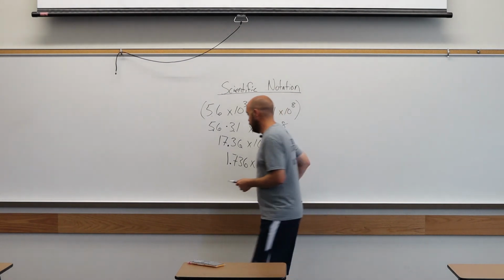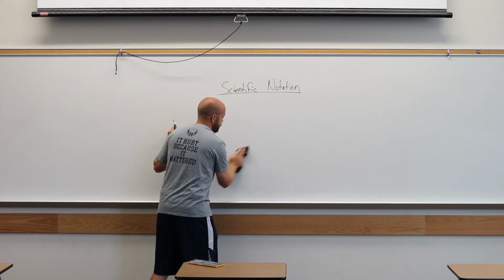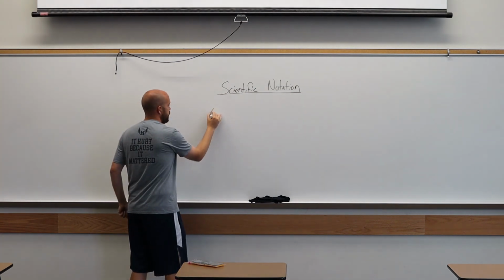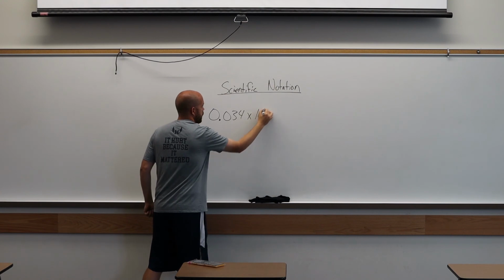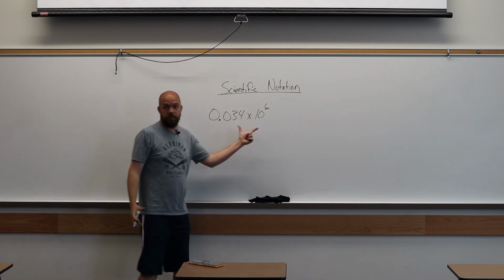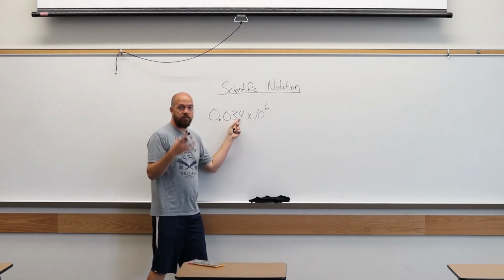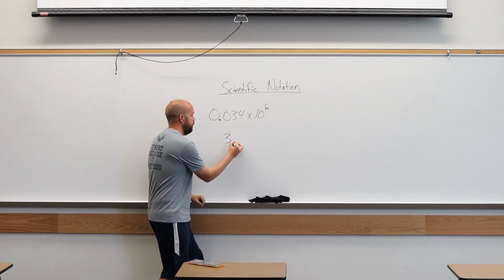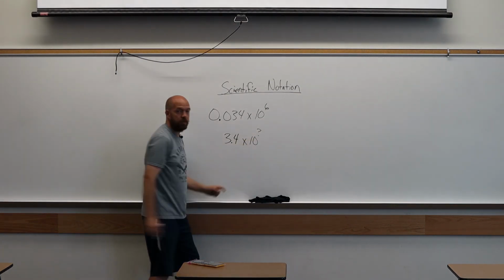So another, just kind of breaking this down, like what if we would have had this as our final answer? Well, I have 0.034, so I know that it's supposed to be 3.4, that's where the decimal is supposed to be, times 10 to the, I don't know what this power is going to be.